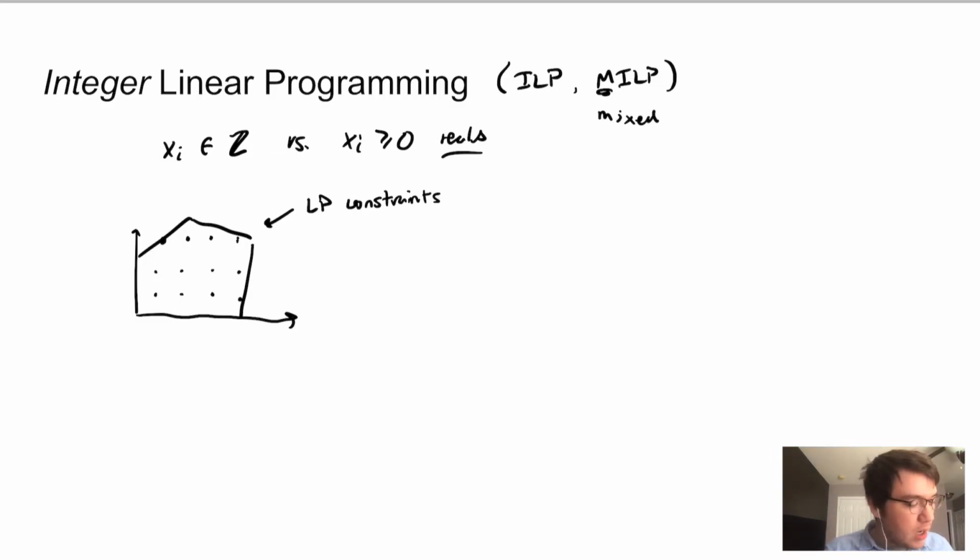One way to approximately solve this problem would be to just solve the LP, to just look for what the correct LP solution was. Say this is the LP solution. And then to look at the integer points near it, and see which one is the best one. It's not guaranteed to be the correct solution for the integer problem, but it might be close. This would be called an LP relaxation.